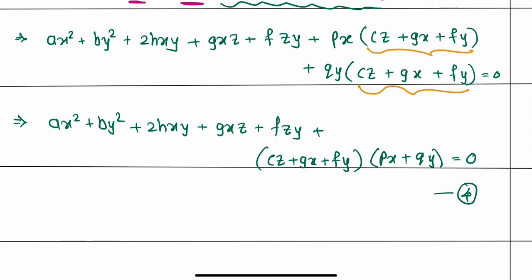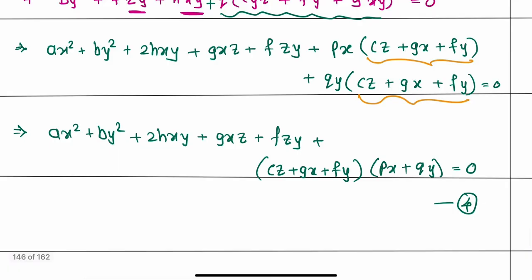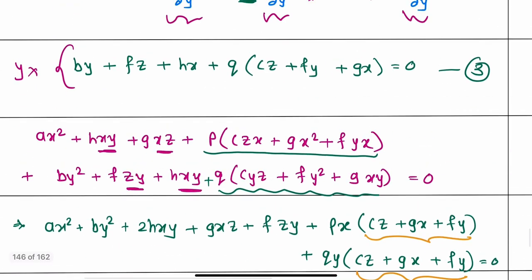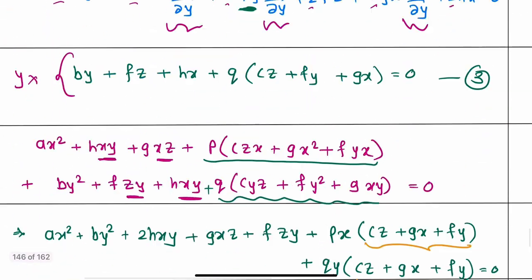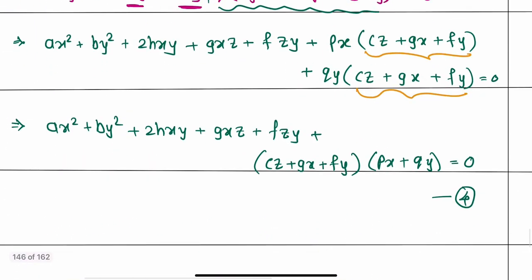Now we have reached here, and somehow we have to eliminate these arbitrary constants a, b, c, g and so on. See, here we have ax square plus by square plus 2hxy, gxz and fzy.